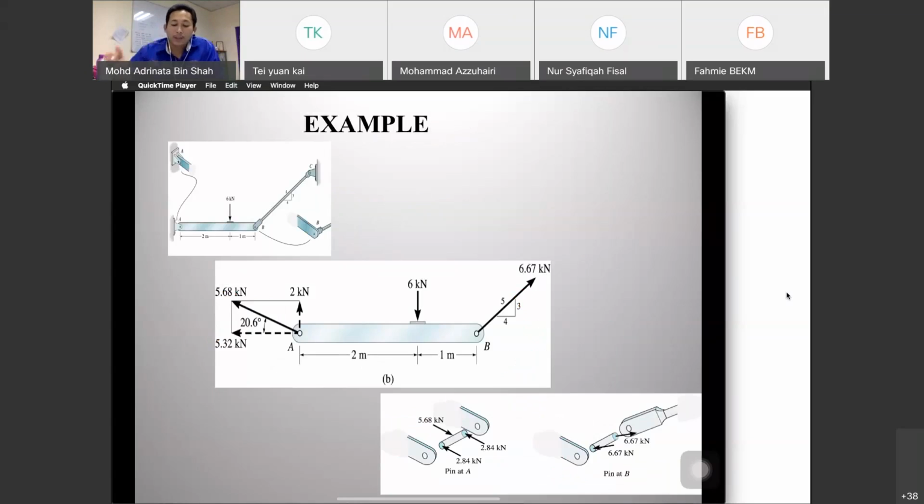Okay, so from the free body diagram, from the calculation, now we have calculated our AX, AY, and we have calculated our FBC.